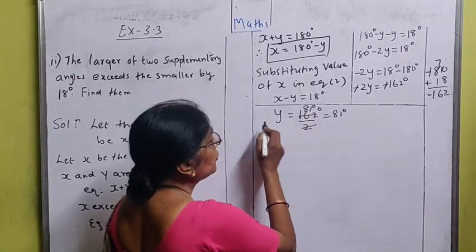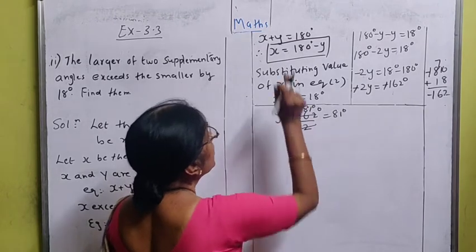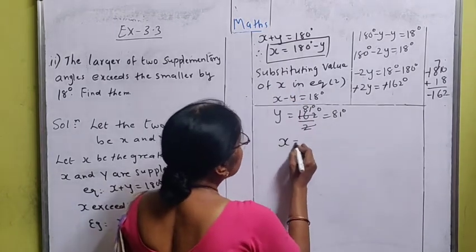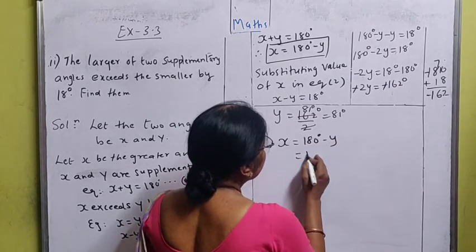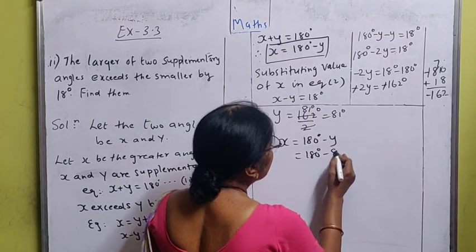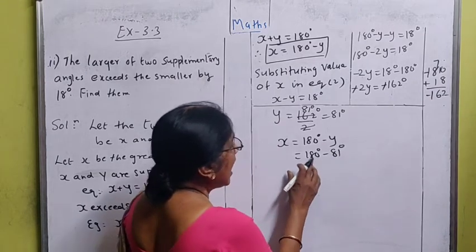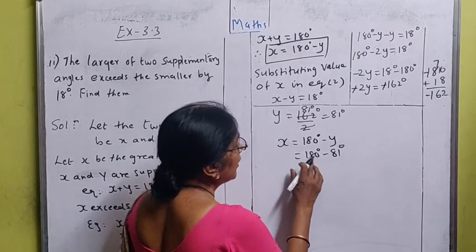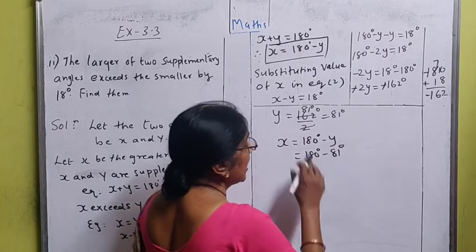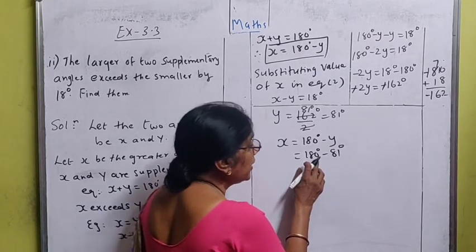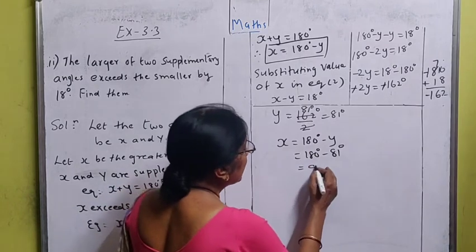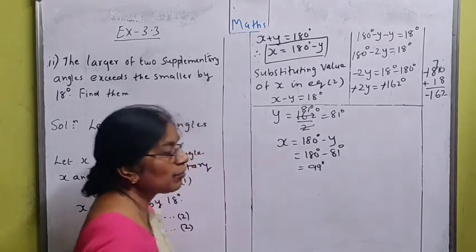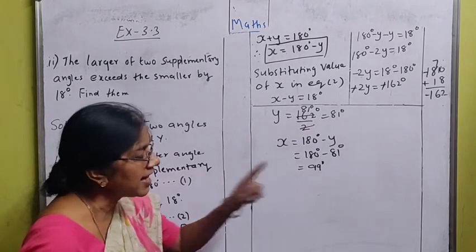Let us now substitute the value of y in this equation. x is equal to 180 degrees minus y, that is 180 degrees minus 81 degrees. Add 1 to this, 181 minus 81 is 100. We added 1, so subtract 1 from 100 and you get 99 degrees. So we got the value of x as 99 degrees.